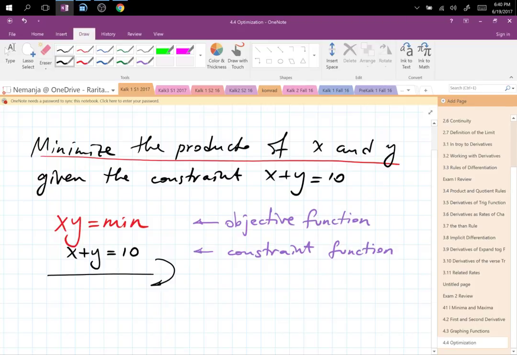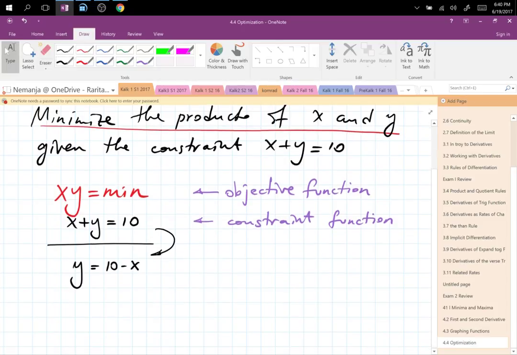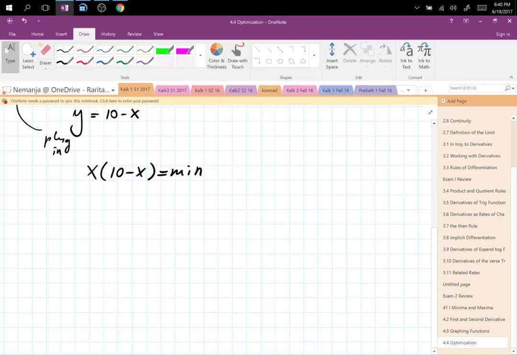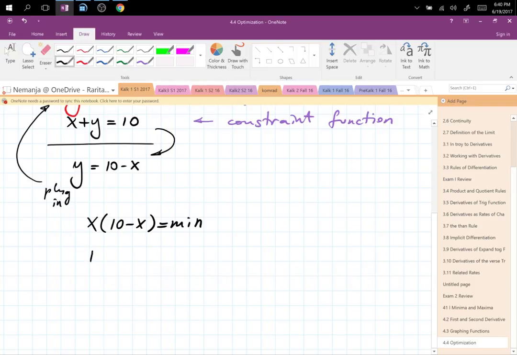You will solve this equation, let's say y equals 10 minus x, and plug in to get x times 10 minus x equals a minimum, which further is equal to 10x minus x squared equals a minimum, which now we can use to take the derivative.